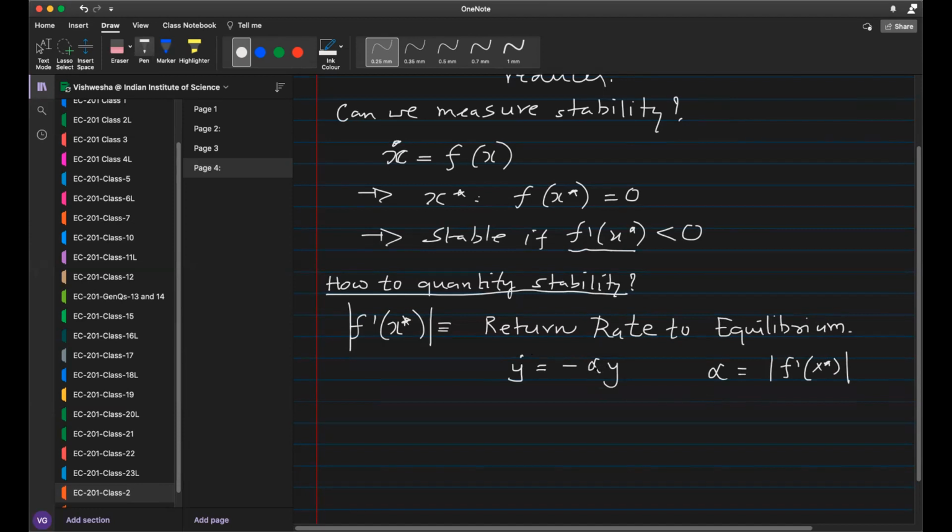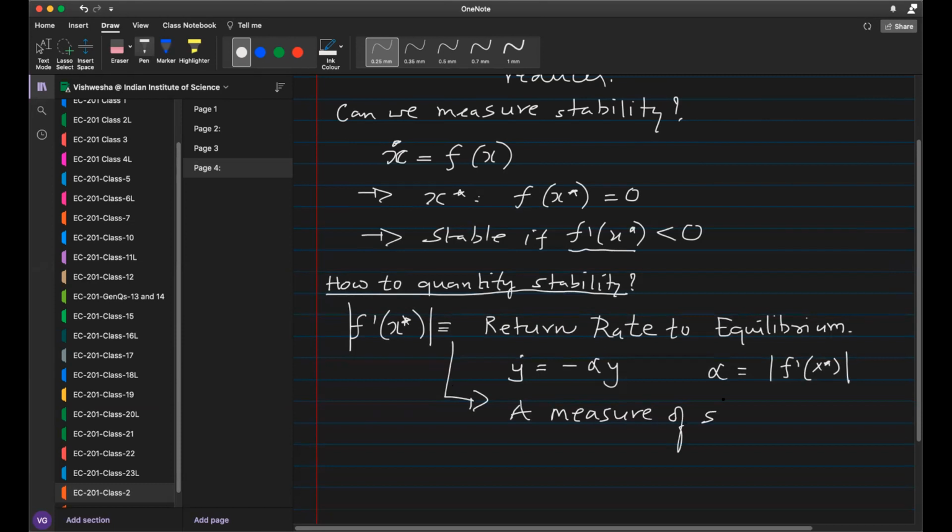Alpha is a return rate at which the system comes back to equilibrium from the perturbation, right? And therefore, we can use alpha, as somebody suggested a few minutes ago as well, as a measure of stability. How quickly you return to the equilibrium can be used as a measure of stability. So this is one measure of stability that people have used for a long time.